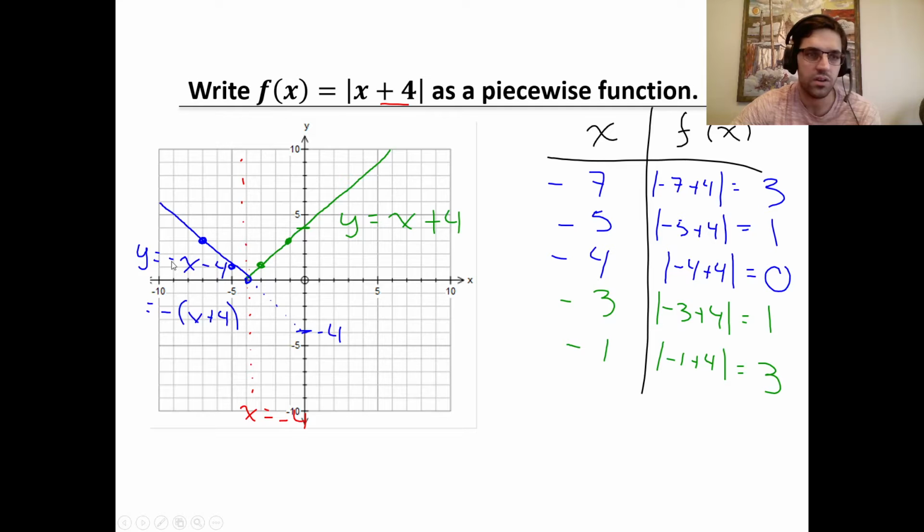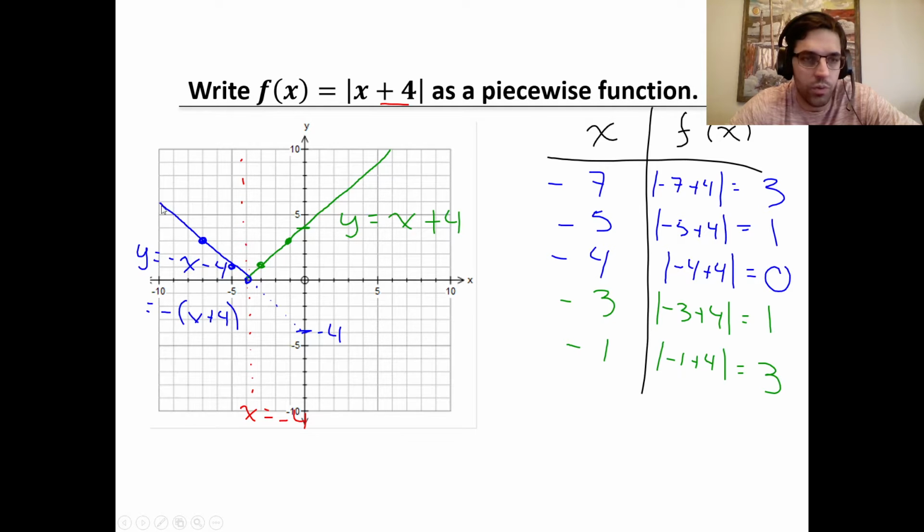And an important distinction here: -x minus 4, if we factor out a common factor of -1, we get negative x plus 4, which is useful because x plus 4 is the equation of our right side. What this tells us is if we take the right side and just multiply it by -1, we get the left side's equation. Or if we had a negative slope inside here, it would be vice versa. So that's that.